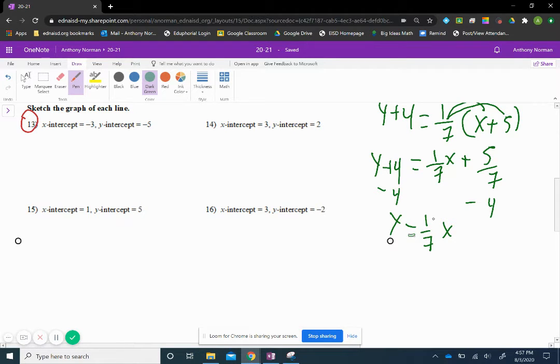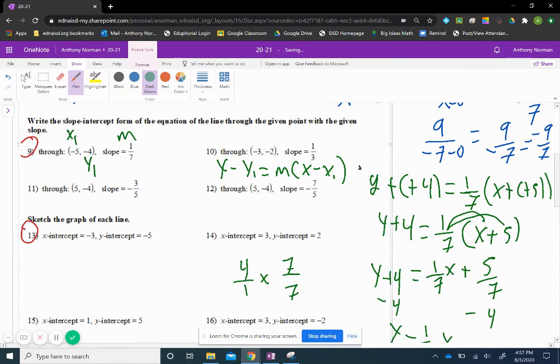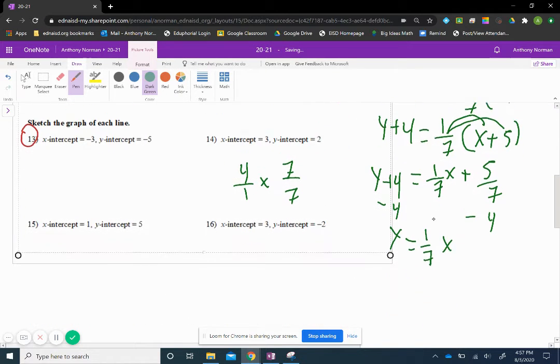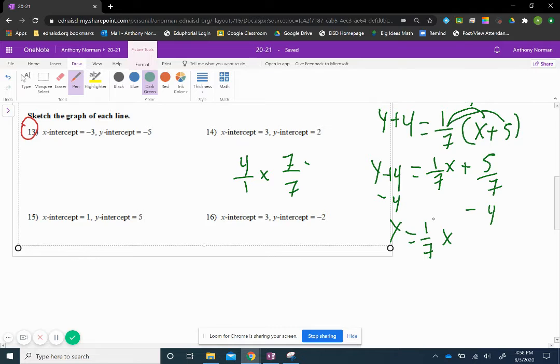We'll turn this into a fraction. So to make 4 into a fraction, we'll do 4 over 1 times 7 over 7, which gives us 28 over 7.